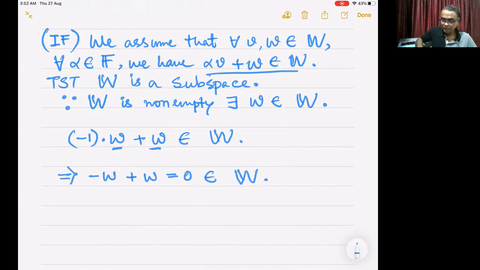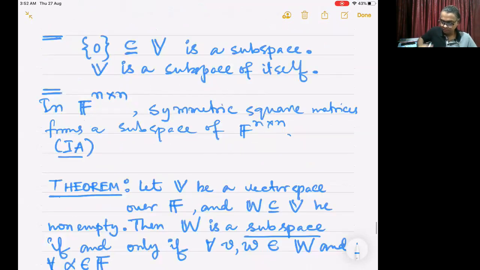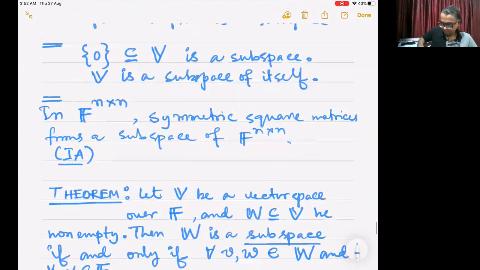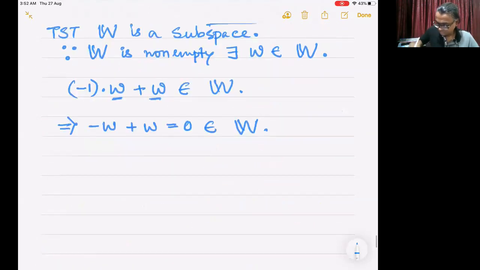So additive identity is there, which means this property is checked. Now, if 0 is there, this is property number 3, checked. 0 is there.